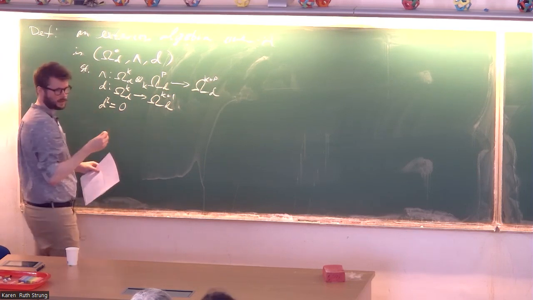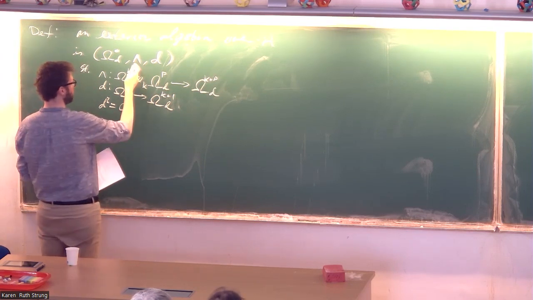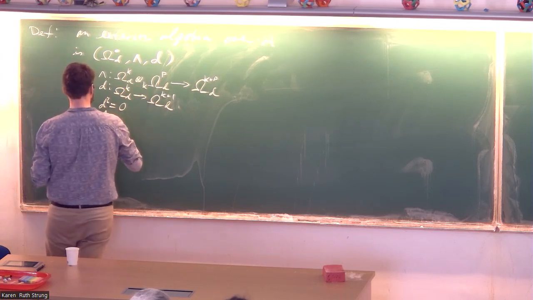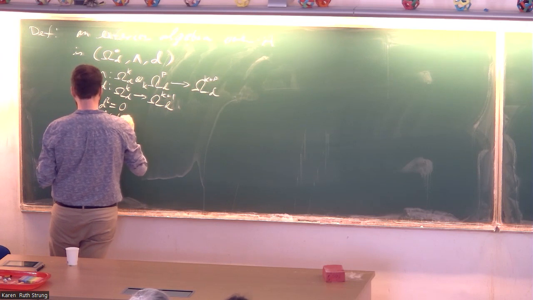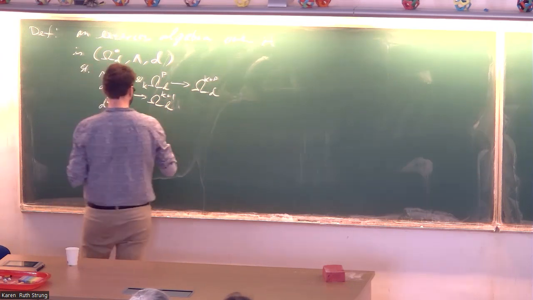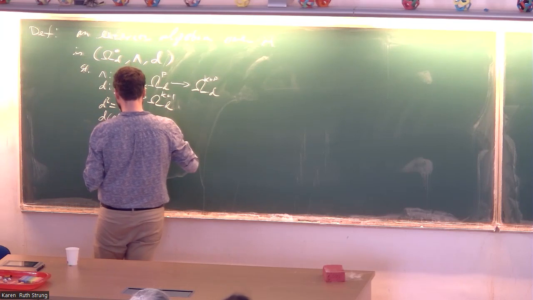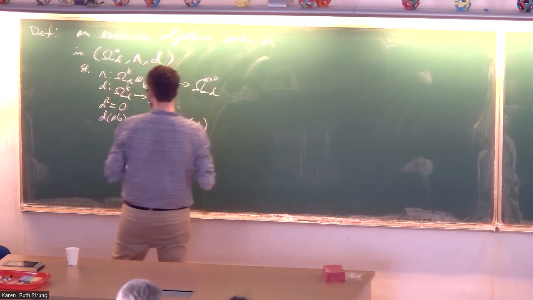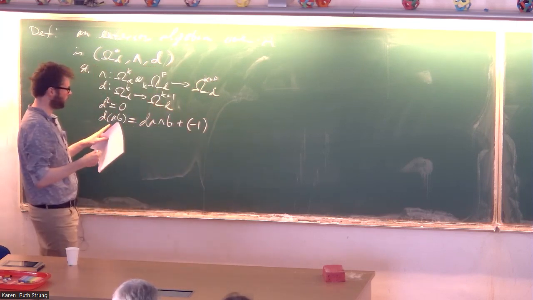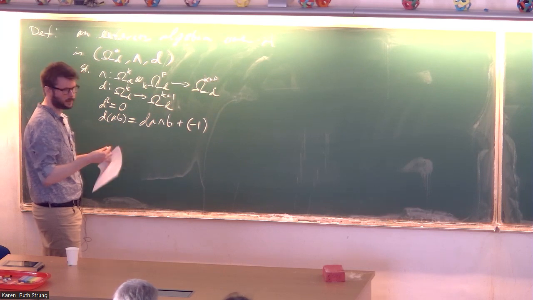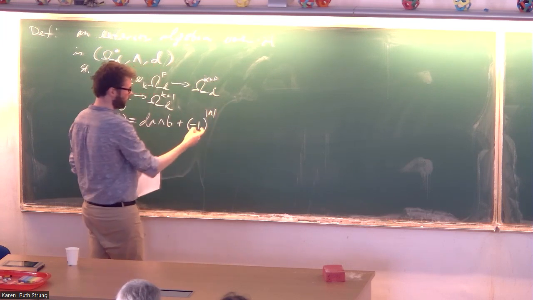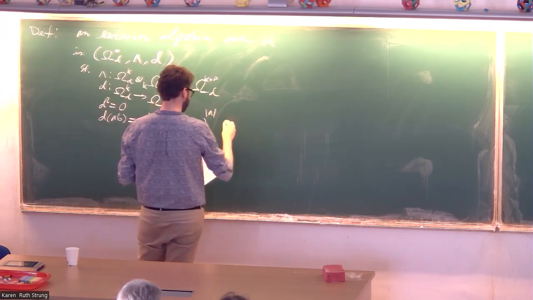And it satisfies a graded Leibniz rule with respect to the product wedge. So this formula should be understood in terms of elements of pure gradation. So let's say that the grade of a is |a| with this notation.